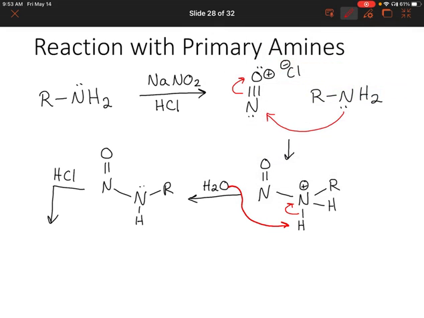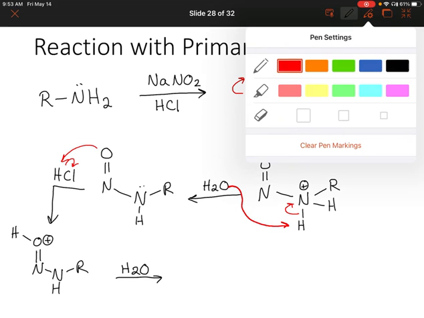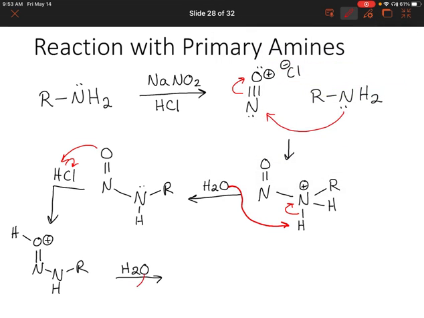So the oxygen on top is going to grab that proton from our acid and protonate itself. And then in the next step, we'll see another reaction with water, where water is going to deprotonate our nitrogen again.